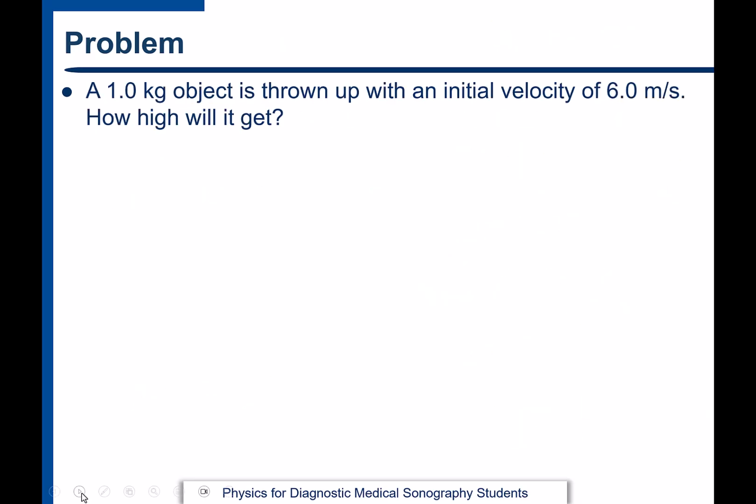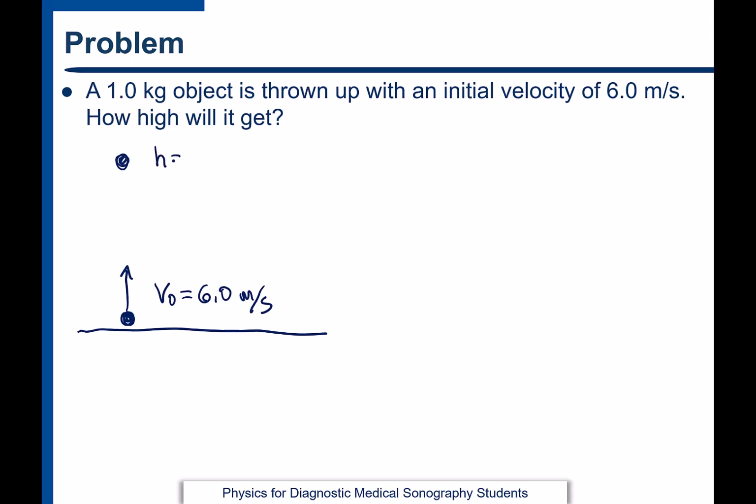Here's a related kind of problem, which is, what if we look at an object on its way up as opposed to an object on its way down? Here we have a 1 kilogram object, and it's being thrown up from the ground with an initial velocity of 6 meters per second. And the question is, how high up will it get?